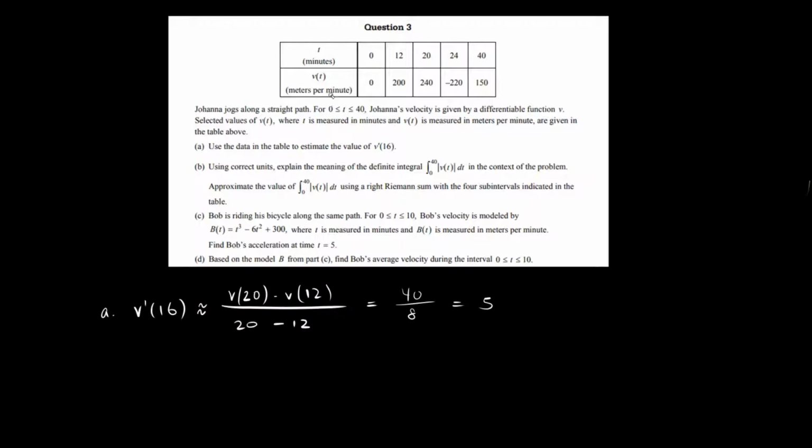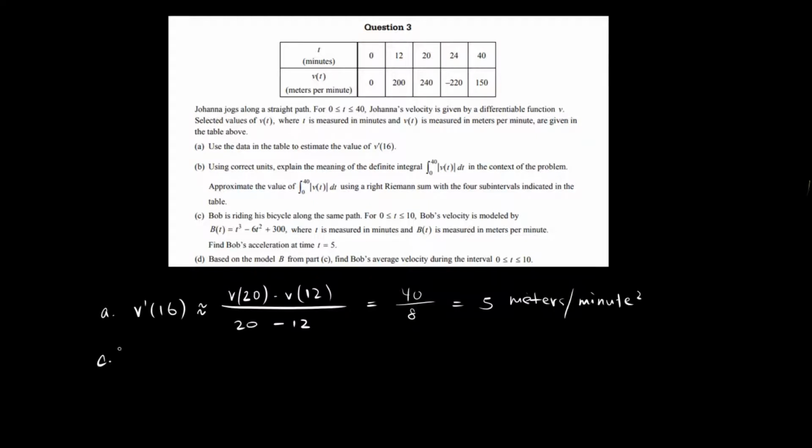You have your meters per minute divided by your minutes, which makes this meters per minute squared. So for the sake of the 2019-2020 AP Calculus AB test, we will not go over Part B because the test does not require you to know how to take the integral of motion functions. We will, however, go over Part C.